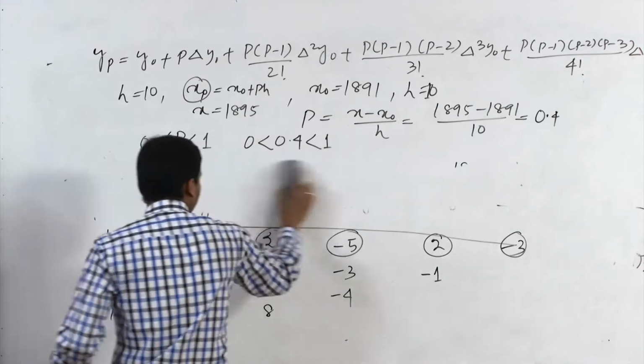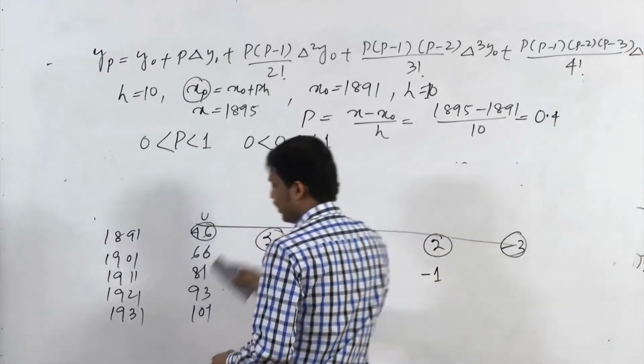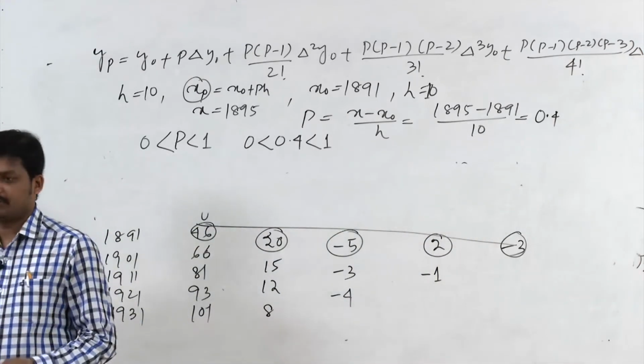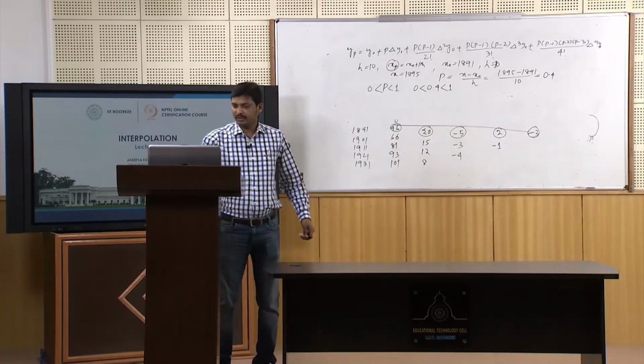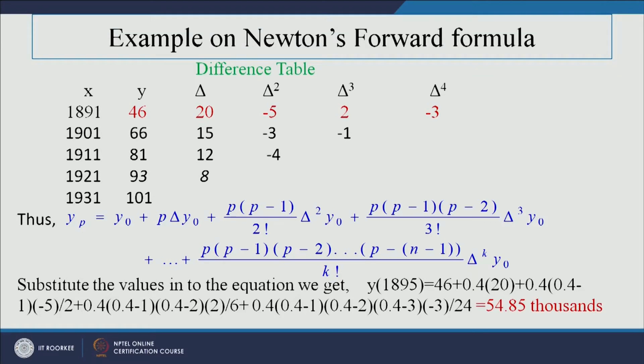If we go for the computation of this formula, I can write y of 1895 equals the first value 46, plus p delta y0.